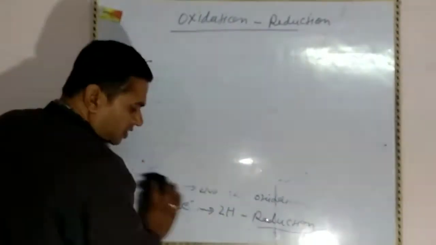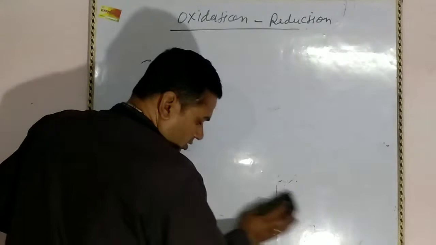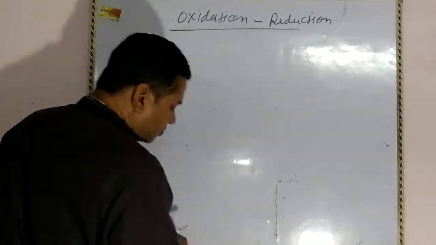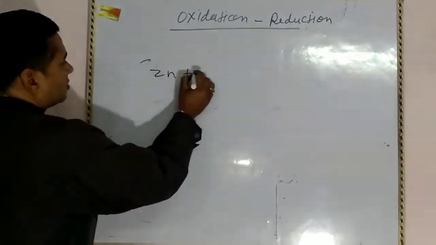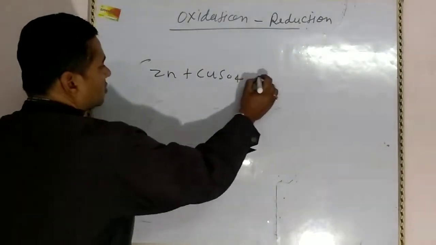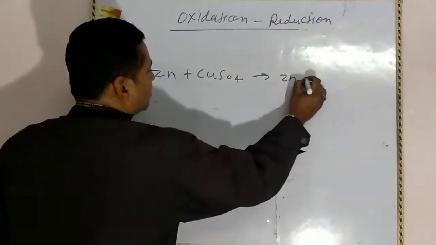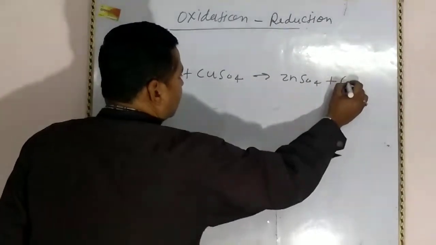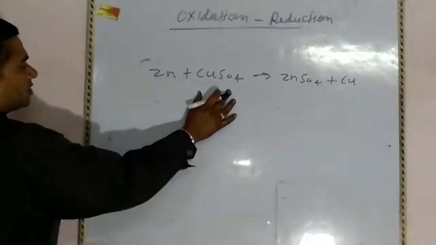One more example we can discuss here. Suppose Zn plus CuSO4 forms ZnSO4 and Cu. This is a displacement reaction.